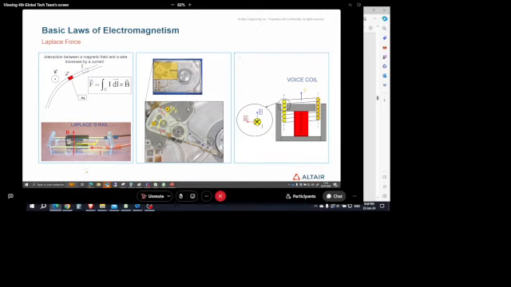The current will have a U shape. Then the mobile bar is inside the magnetic field produced by these two magnets, north and south, and once we supply this system, we are going to see a magnetic force in this bar, and this bar will move because it is not fixed.